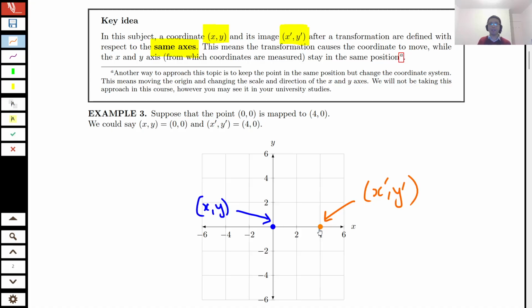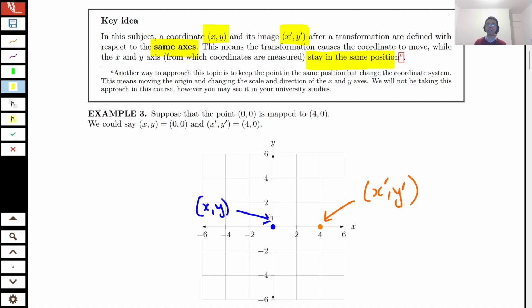The axes stay in the same position. The reason I need to say this is because I've gone to uni and I've done something different where I actually move the axis. That's not the interpretation we're doing in this course. Here we're saying you move the points, but you keep the axis in the same position.